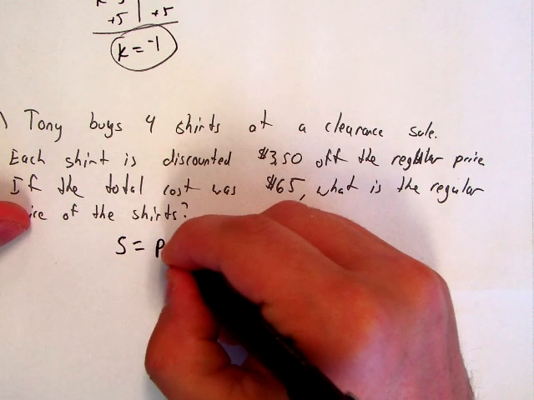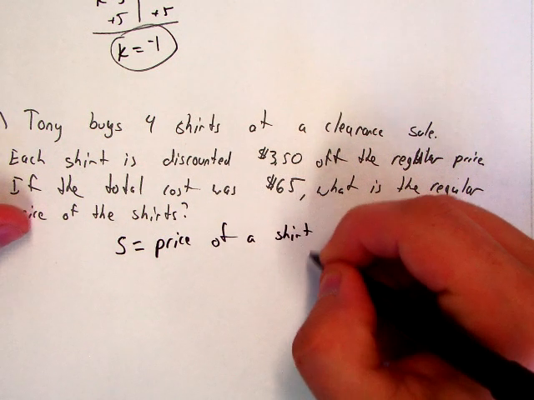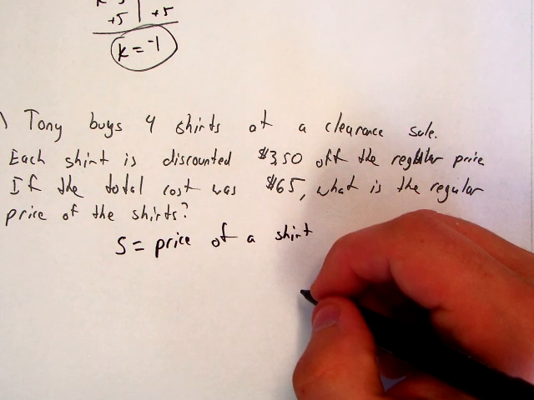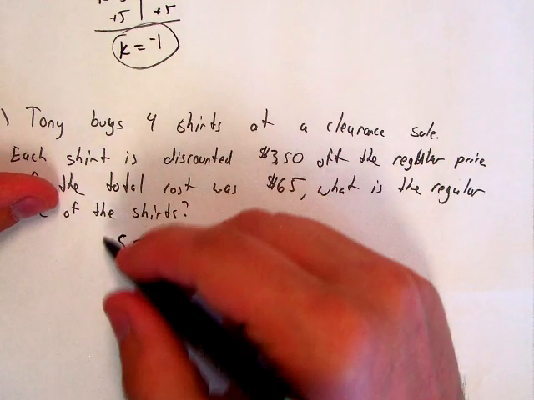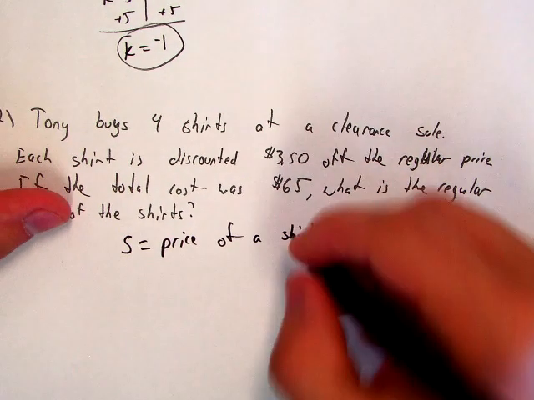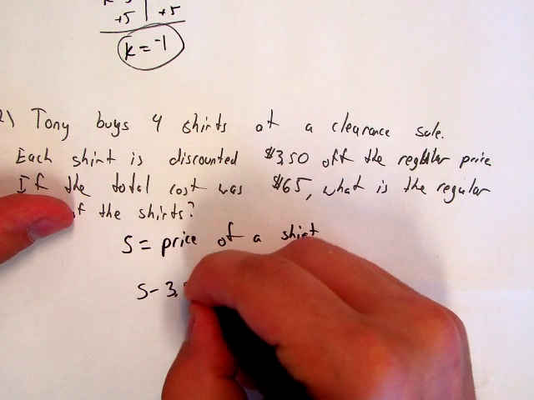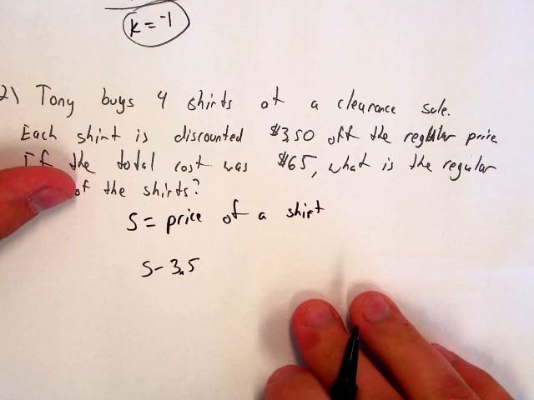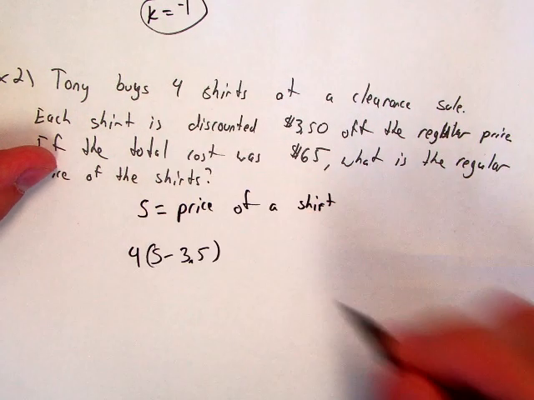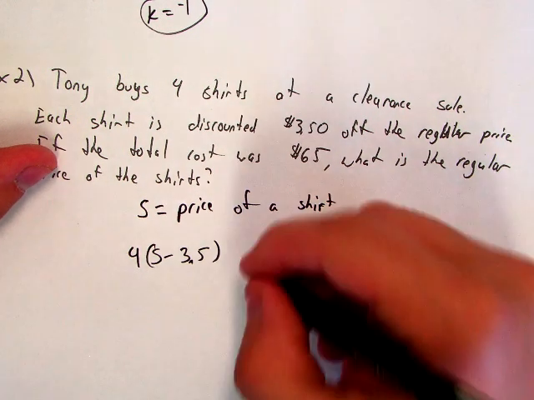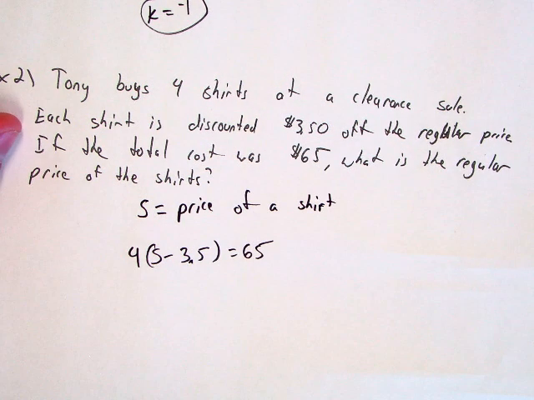S is the price of a shirt. So if we're looking at the S of the original price of the shirt, that means that the new price would be this S minus 3.5. That's the new price. Now, he bought 4 of those shirts, and the total cost was $65.